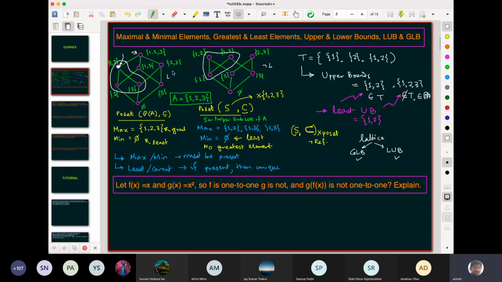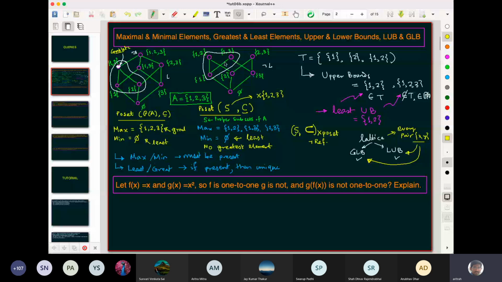So this is a complete lattice, because for any subset of elements you get a least upper bound and greatest lower bound. And in a lattice, what I mentioned is every pair x, y. If you take every pair of elements x, y, then this must have a greatest lower bound and least upper bound. So this lattice is also a complete lattice.